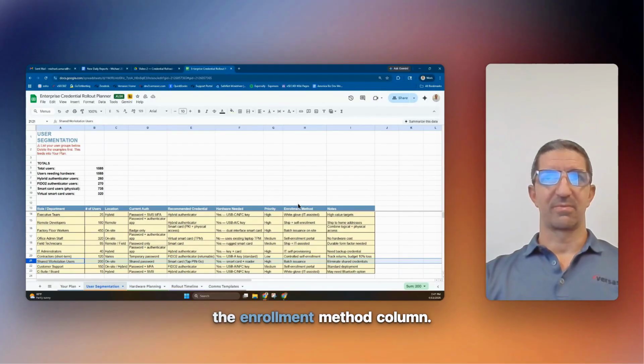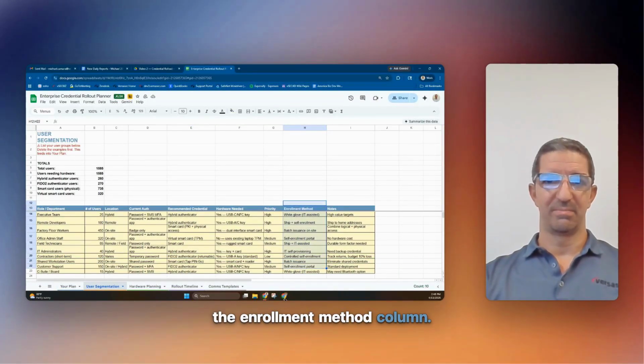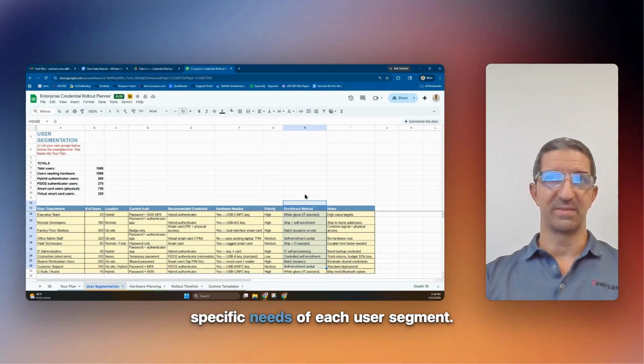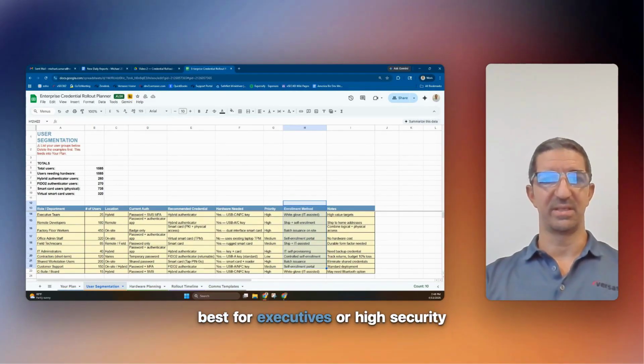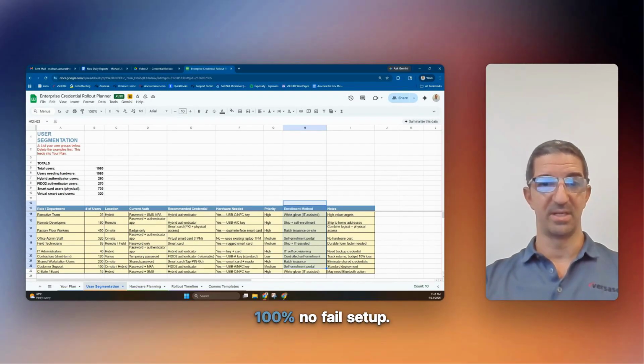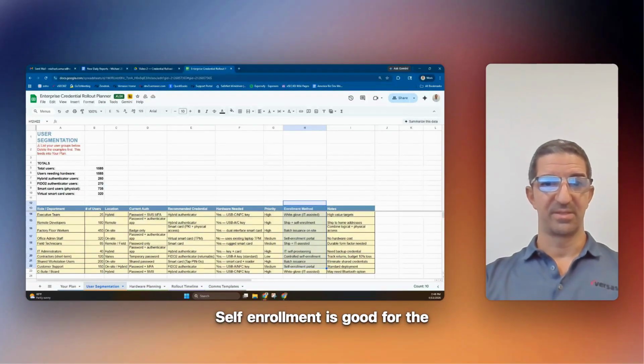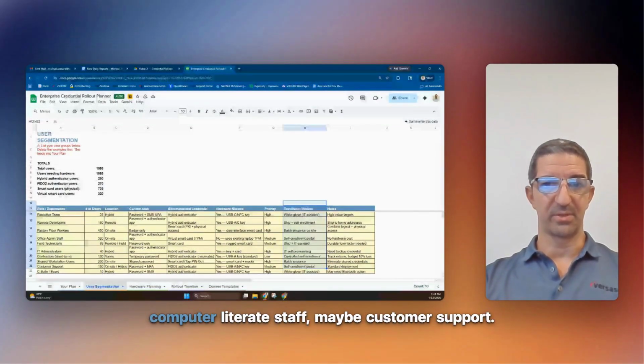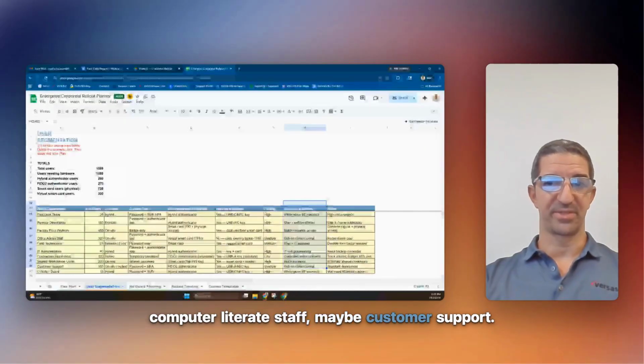So let's look at the enrollment method column. To avoid operational overload, you must match the issuance style to the specific needs of each user segment. So white glove, like we discussed, best for executives or high security roles where IT must ensure 100% no-fail setup. Self-enrollment is good for the computer literate staff, maybe customer support.